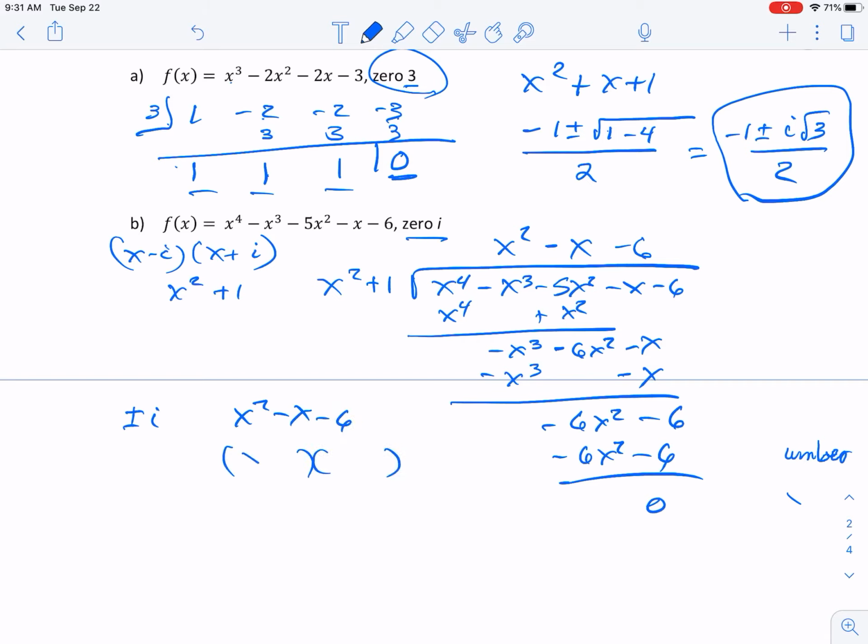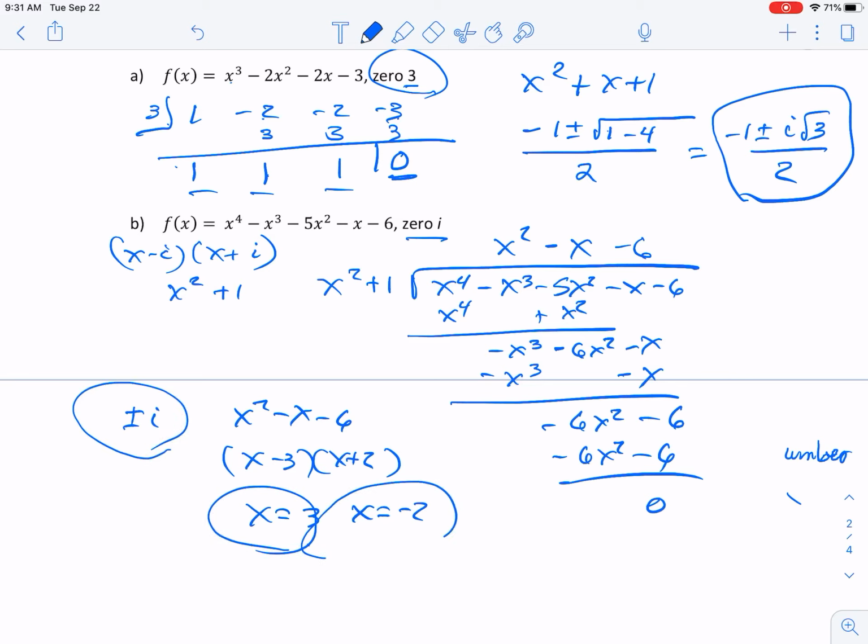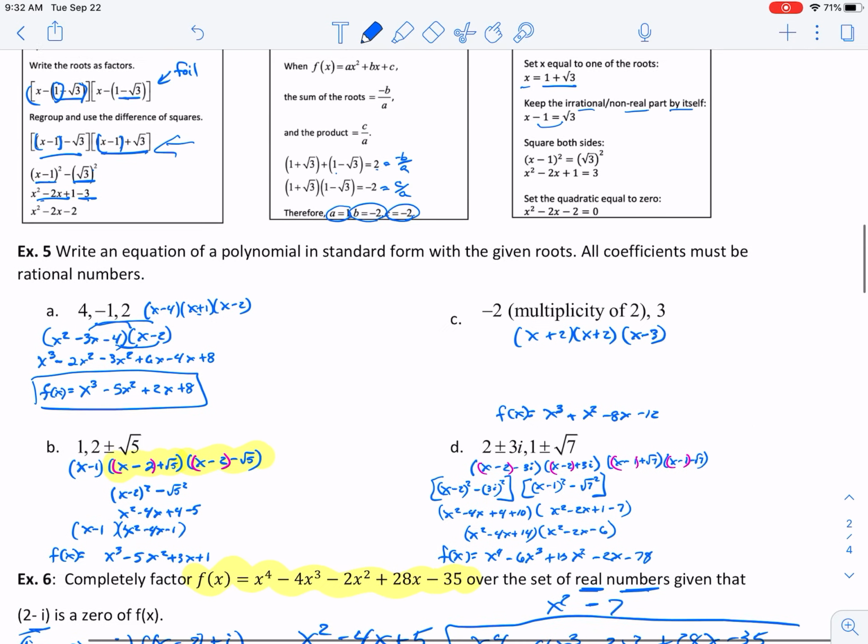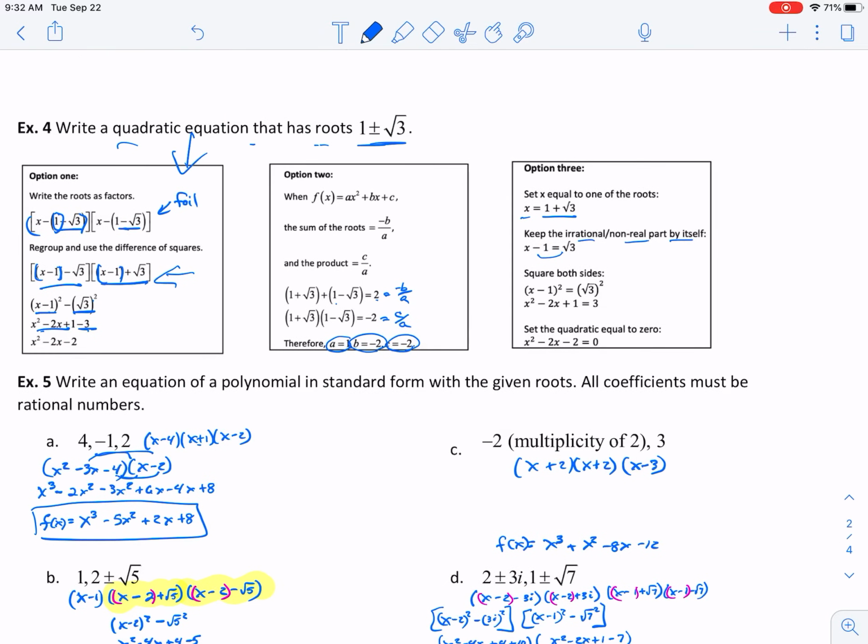Always check. x minus 3 and x plus 2. So you get x equals 3, x equals negative 2. So here's a root, and here's a root. And that's all there is to it. I love these little tricks up here. This is just way cool.